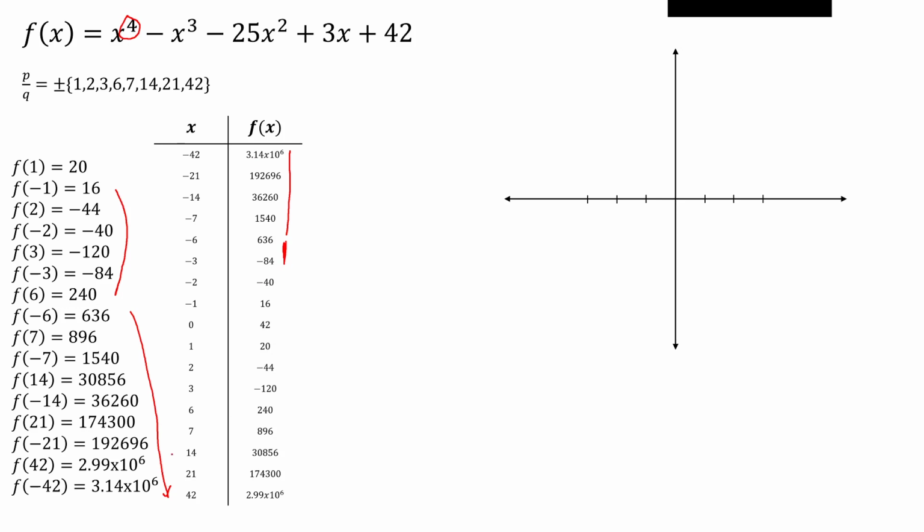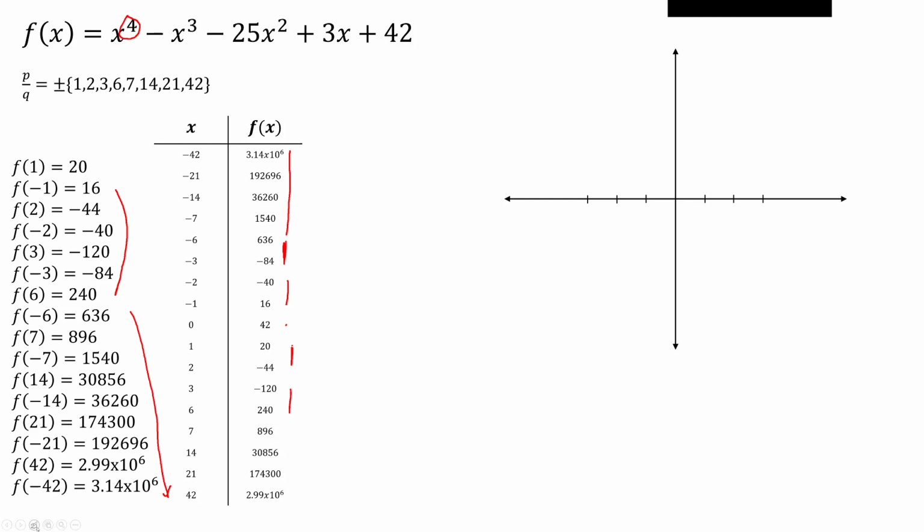And if we keep going, there's another zero between negative 2 and negative 1, because f of negative 2 is negative and f of negative 1 is positive. We know that f of 0 is 42, f of 1 is 20, f of 2 is negative 44, which means there's another zero between 1 and 2. And then f of 3 is negative 120, f of 6 is 240, so there's another zero.